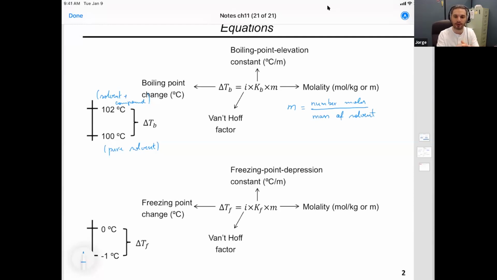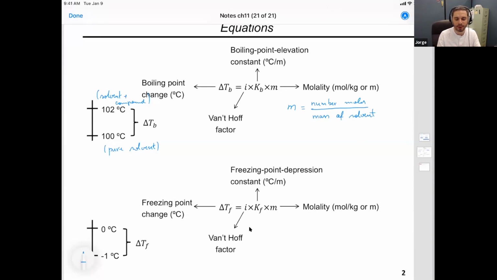Therefore, molality is a more trustable way to express a concentration. Number of moles of solute divided by the mass of solvent. The unit here is going to be mole per kilogram, or also represented as a lowercase m.